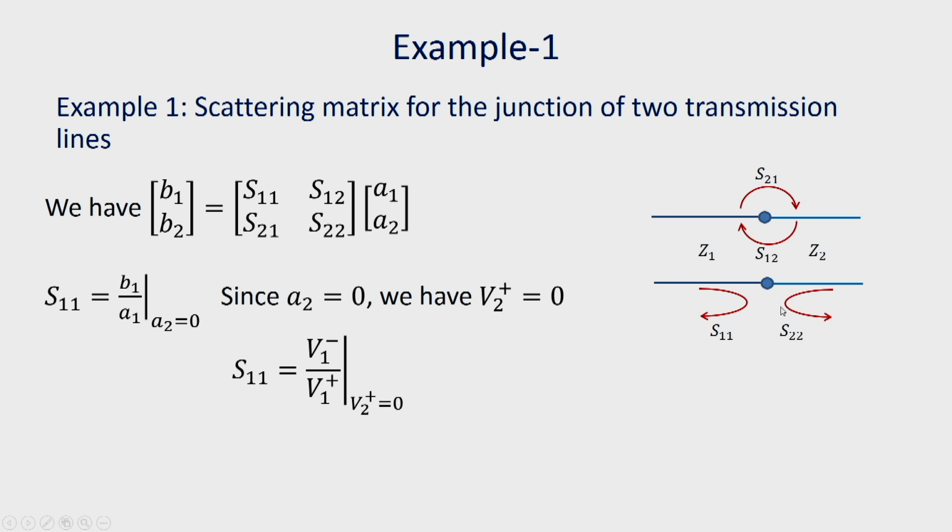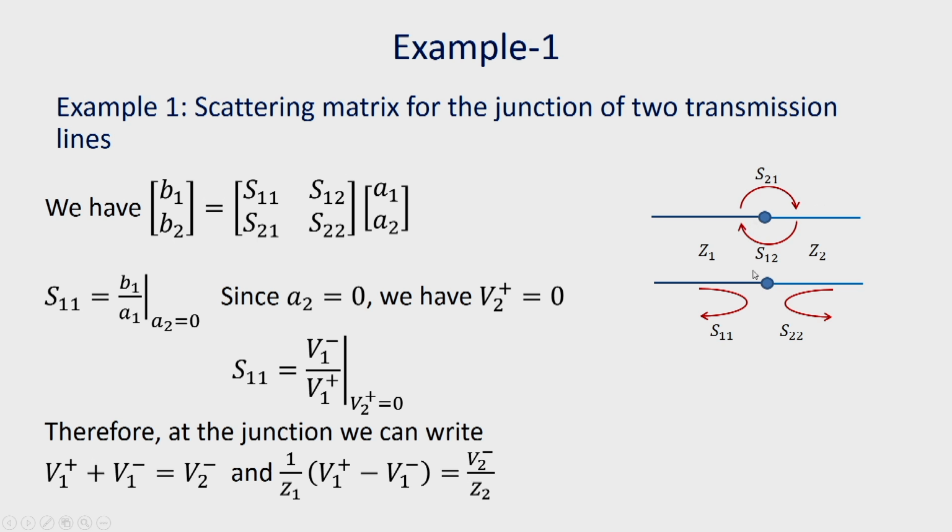Now, if we take this junction, we can write the voltage on the left hand side of the junction, it is V1 plus plus V1 minus. On the right hand side of the junction, we have already argued that V2 plus is 0. So, we can write V1 plus plus V1 minus is equal to V2 minus, and if we equate the currents, then we can write 1 by Z1 (V1 plus minus V1 minus) is equal to V2 minus by Z2.